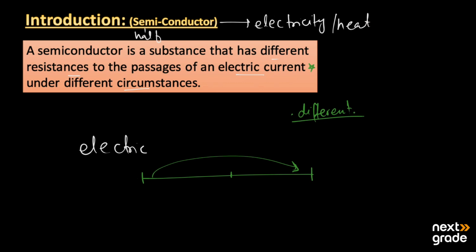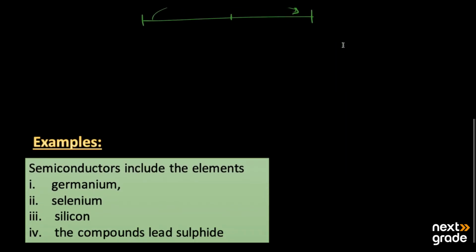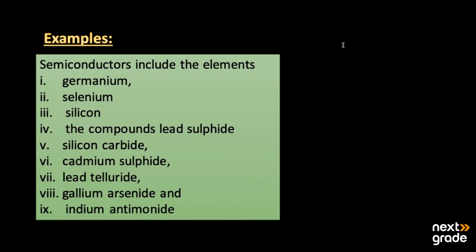Now, the question arises: what type of substances can behave like a semiconductor? We have a lot of examples around us.